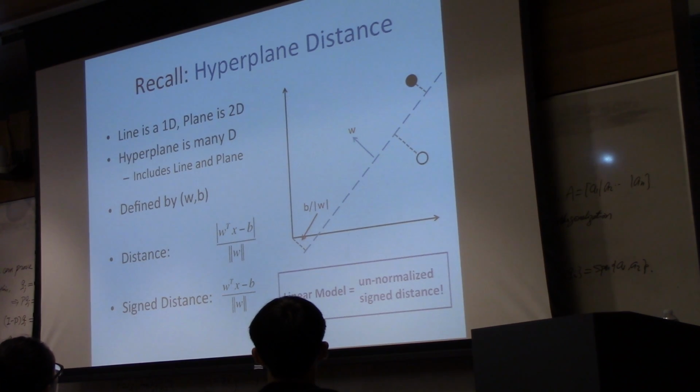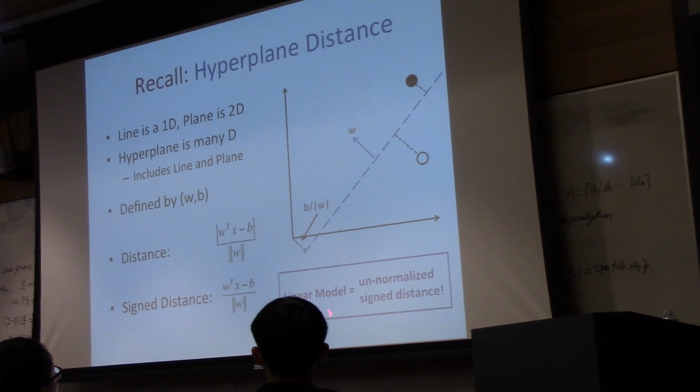So just a little reminder about hyperplane distance. A linear model is parameterized by a multidimensional W and a scalar B offset. You can think of W as the normal of some hyperplane that splits the data, and the signed distance between any point x and this hyperplane is denoted by this formula, which is simply the scoring function of our linear model divided by the norm of the weight vector parameter of the model.